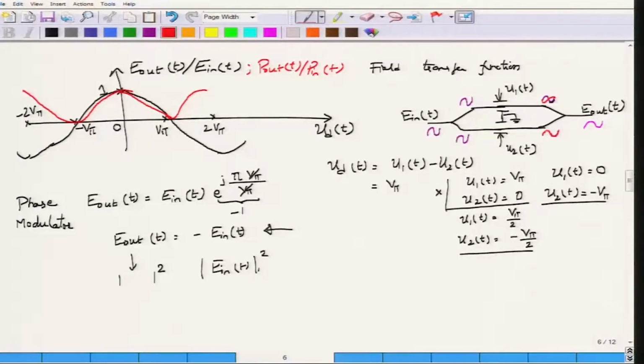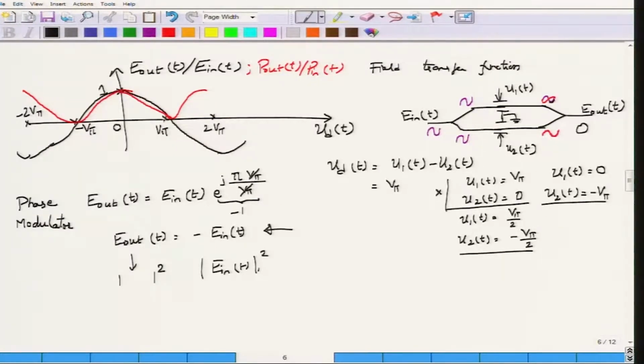So, when you take this sine wave and add to it a sine wave which is 180 degrees out of phase, all you get is a 0. That is precisely what we have shown here, that the output electric field must be 0 at this particular point of the characteristic.